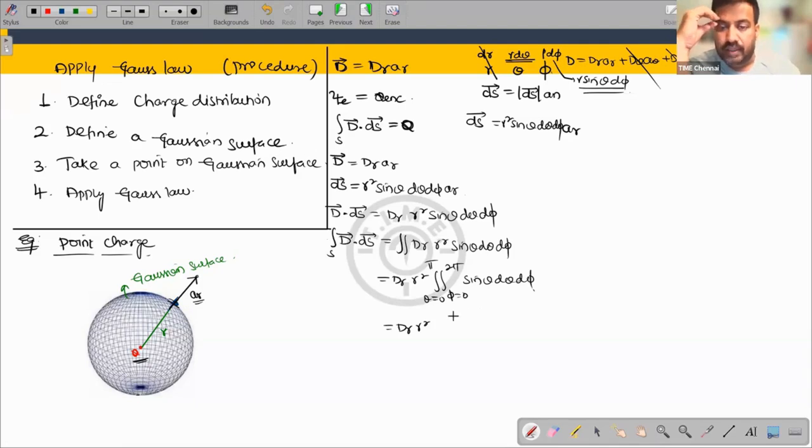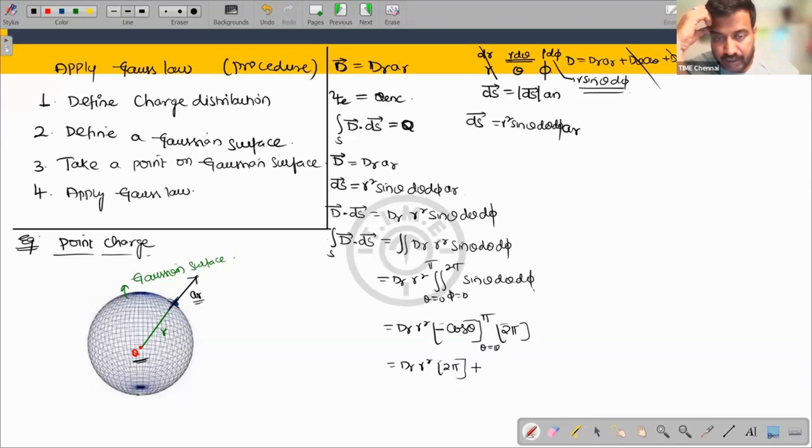Integral of sin theta is minus cos theta, theta running from 0 to pi. Integral of 1 d phi, phi 0 to 2 pi, is 2 pi. This is Dr r square into 2 pi.